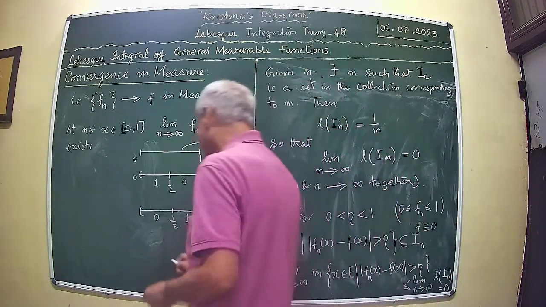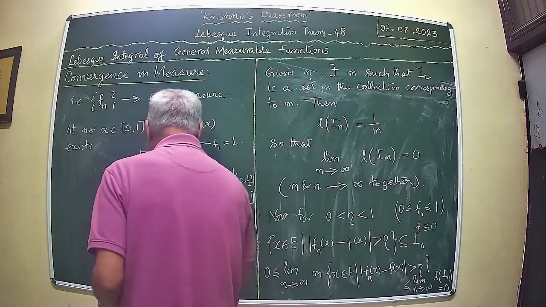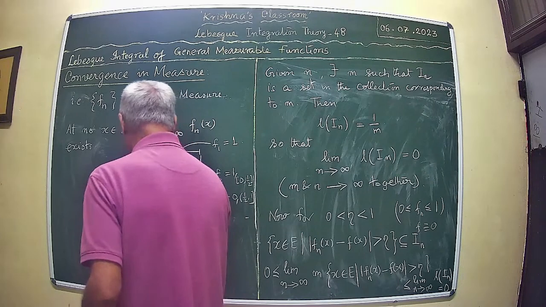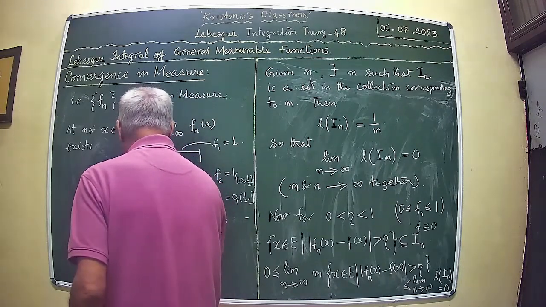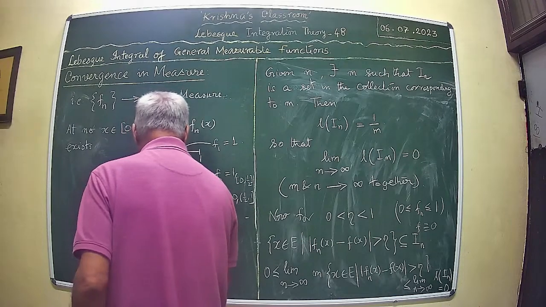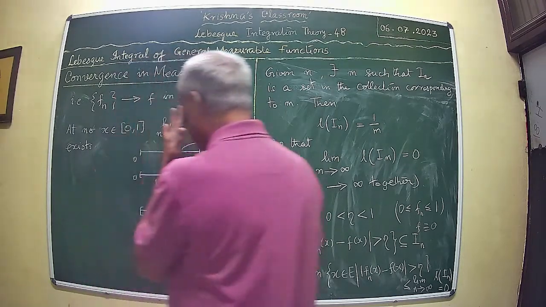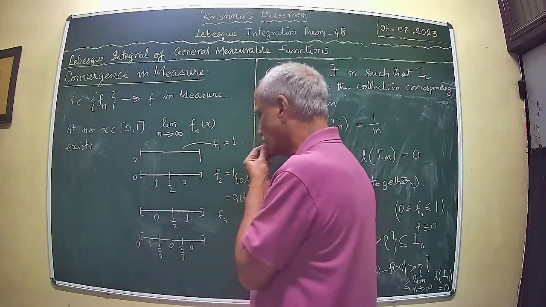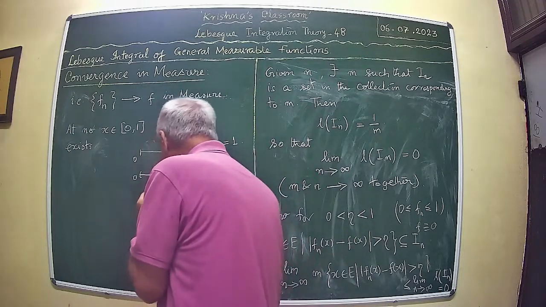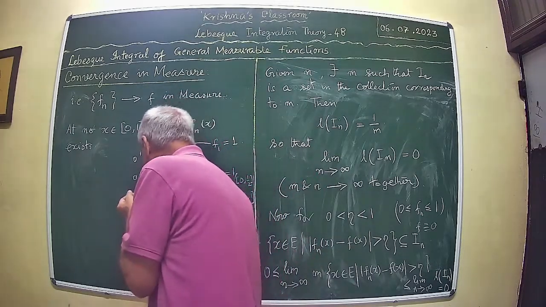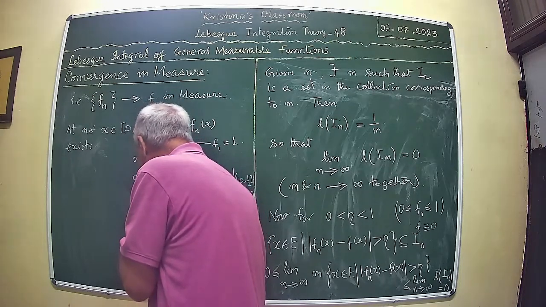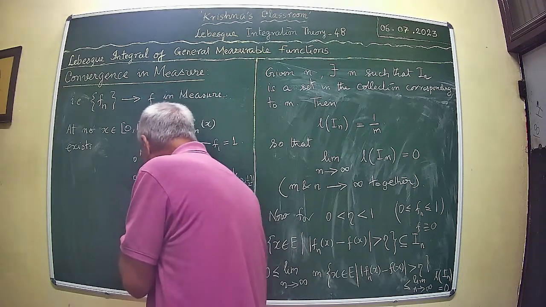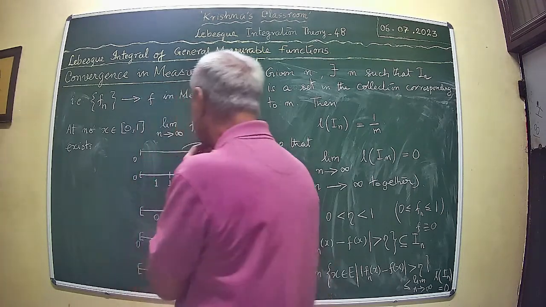What about F4? F4, see, F4 is 1 here, 0 here, 0 here. F5 is again 0 here, 1 here, 0 here. What about F6?